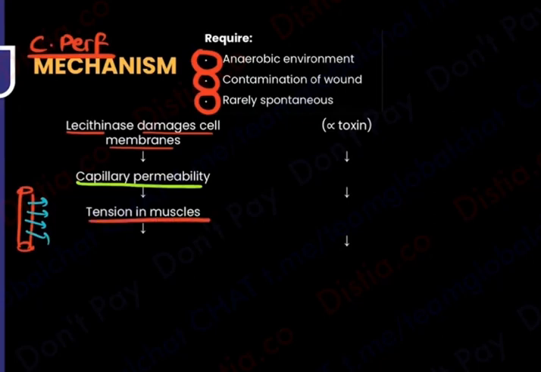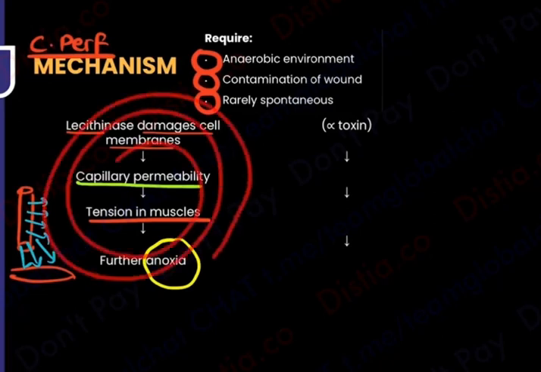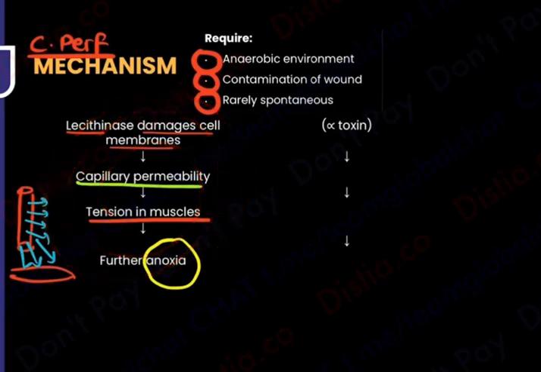This means now the muscles are tense. This muscle was sitting over here, but now there is so much fluid coming, so it's creating a lot of pressure on that muscle. There's a lot of tension created in this muscle. It means the muscle goes into further anoxia, further oxygen will go down, further anaerobiosis will occur. So this entire cycle is then going to become vicious. The more the oxygen goes down, the happier the perfringens is, that I wanted an anaerobic environment and so I have got it.